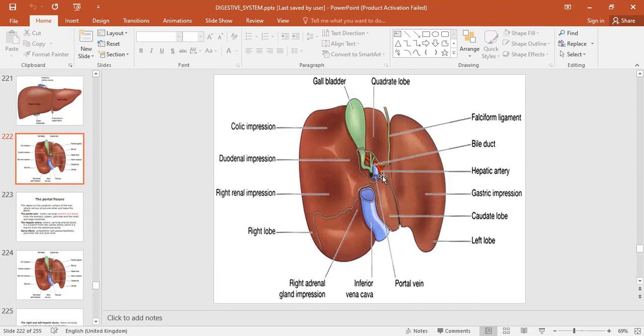Now, hepatic artery is carrying oxygenated blood from the heart into the liver, whereas portal vein is carrying deoxygenated blood from the digestive system. So blood running through the portal vein is rich in nutrients from the digestive system. After absorption, those nutrients will go to the liver via portal vein. But the two bloods will mix. Once these vessels enter the liver, hepatic artery and portal vein, they mix to form hepatic sinusoids.